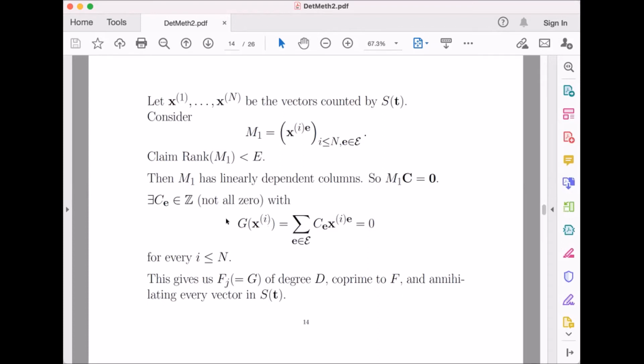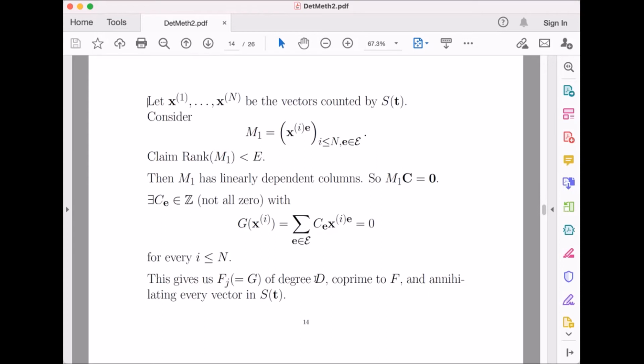So that's the principle that we had last time, that this sort of vector equation involving a matrix of monomials times a coefficient vector, where the matrix has rows corresponding to the various solutions x_1 to x_N, produces a form, capital G, that vanishes at each of the x_i's. And so this gives us the auxiliary form f_j that we need.